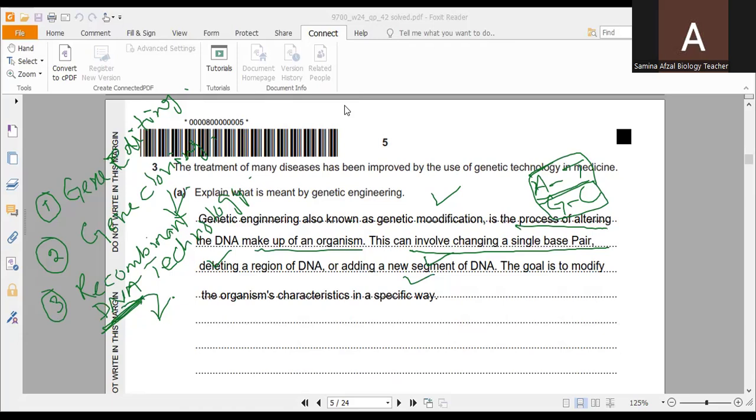These are the different techniques with the help of which we can replace, insert, or change the DNA of an organism. And this genetic engineering is involved in different fields. For example, the number 1 field is medicine. For medicine, we can make insulin by this method, and gene therapy.